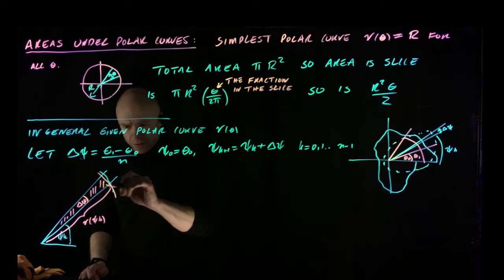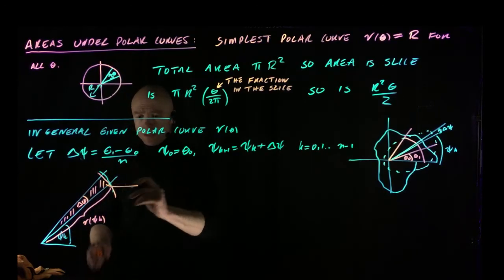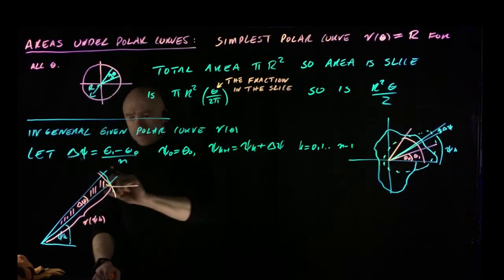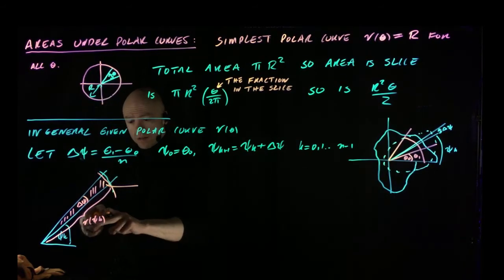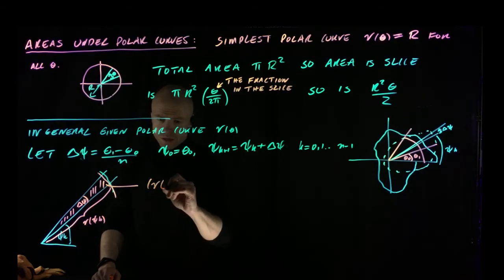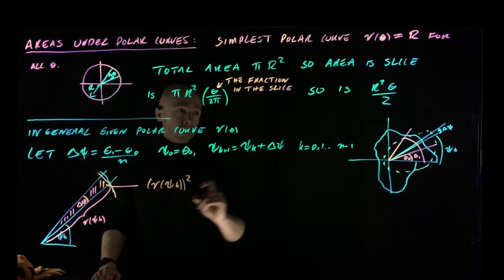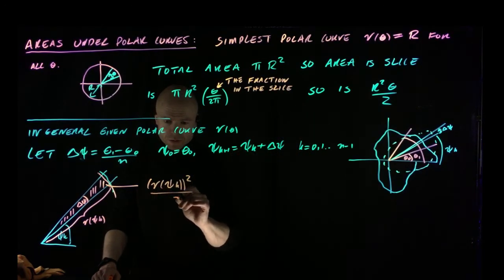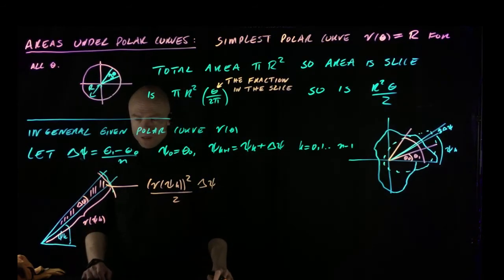So this thing right here is just the example that we did before. It's a slice of angle delta phi of a circle of radius r of phi k. So this area is r of phi k squared, using this formula, over 2 times delta phi, right?